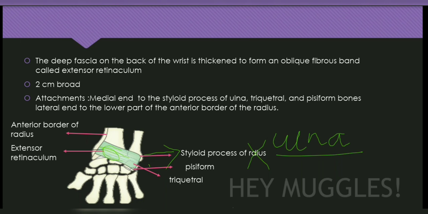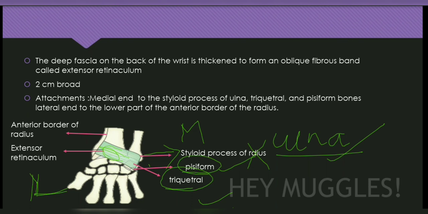The oblique fibrous band is your extensor retinaculum, and here you can see that it is attached to the pisiform bone and triquetral bone. So the medial end of your extensor retinaculum is attached to the styloid process of ulna, pisiform bone and triquetral bone. The pisiform and triquetral bones are carpal bones.